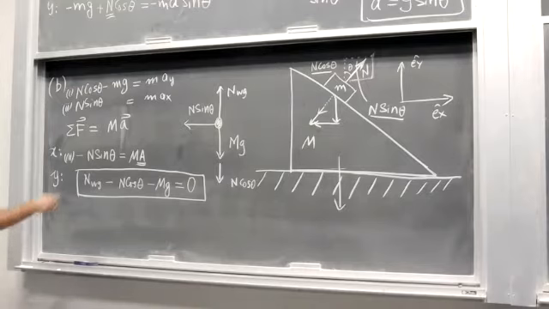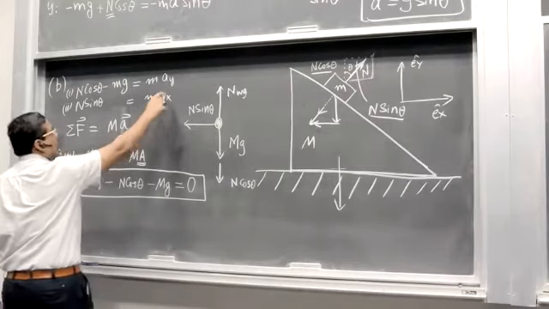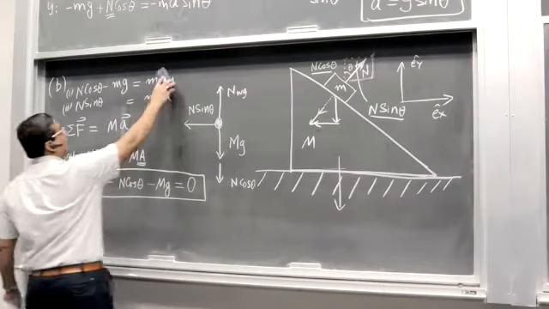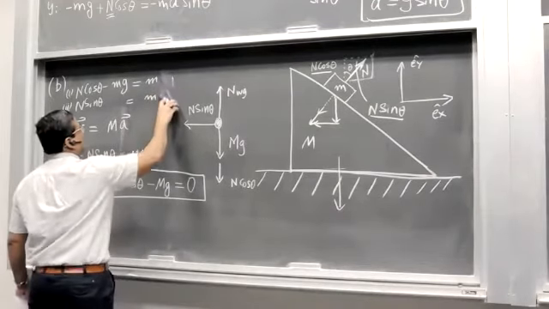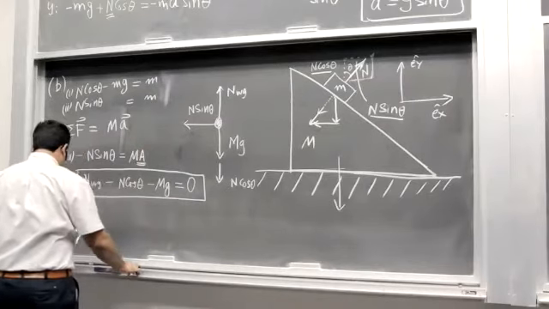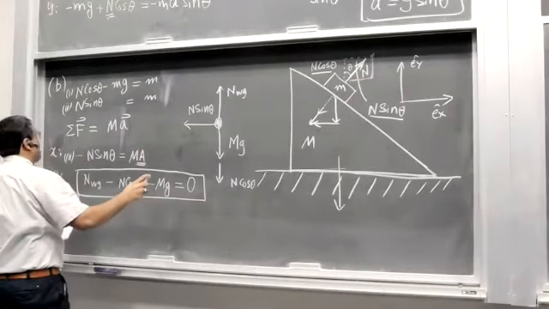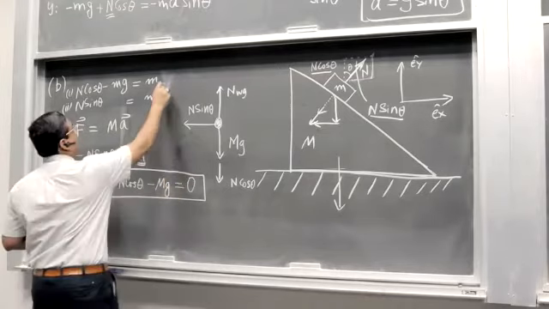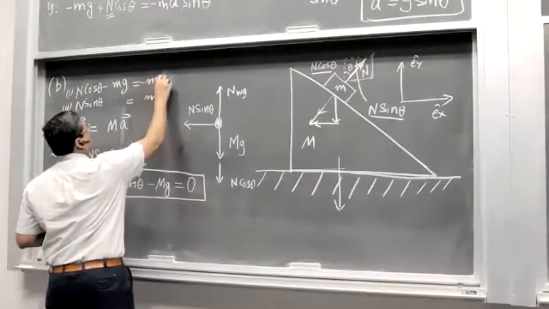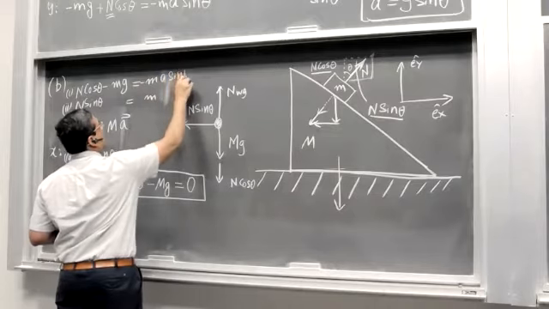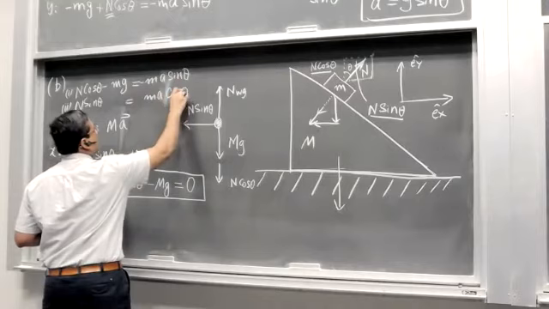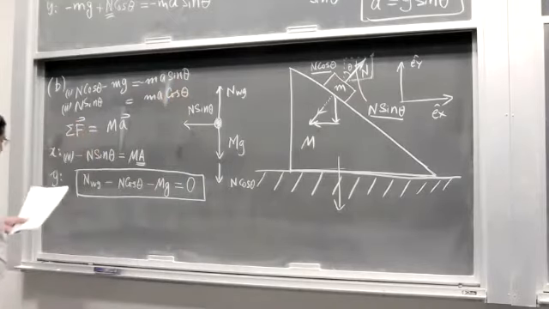Okay. So here substitute ax and ay with their components, and ay is minus a sine theta, and this is a cosine theta, right?